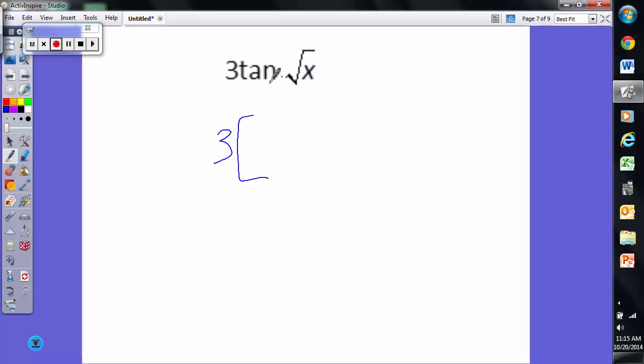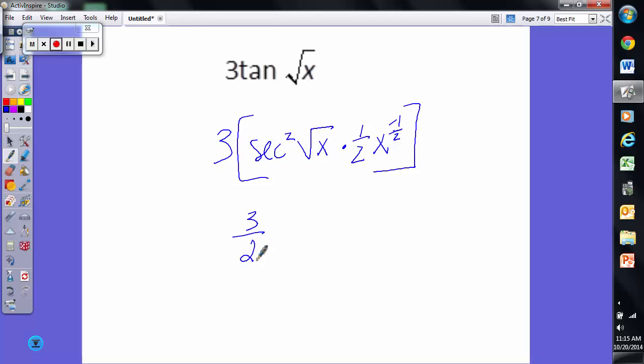Now, the derivative of tangent of the square root of x is the chain rule. So the derivative of tangent is secant squared, leave the inside alone, times the derivative of the inside. So now I like to distribute these two because it comes out kind of nice.